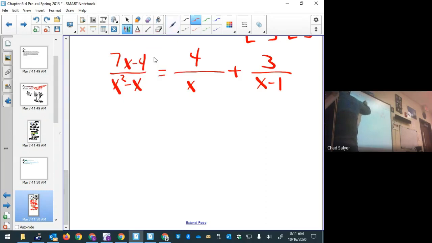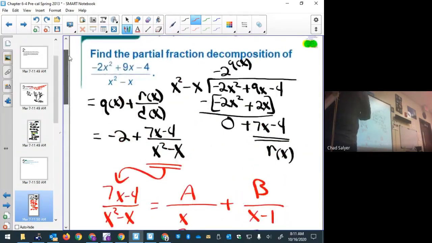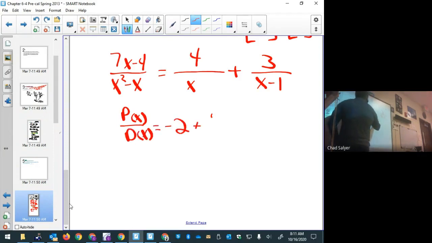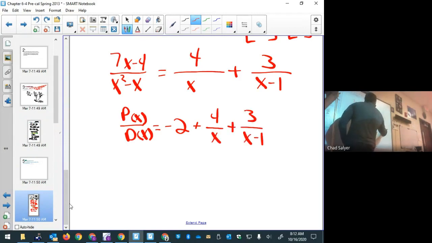But that isn't the whole thing, right? Remember, we had the -2. So our full answer is going to be the original, which I won't bother to write, I'll just let this stand in for it, equals -2 plus 4 over x plus 3 over x minus 1.